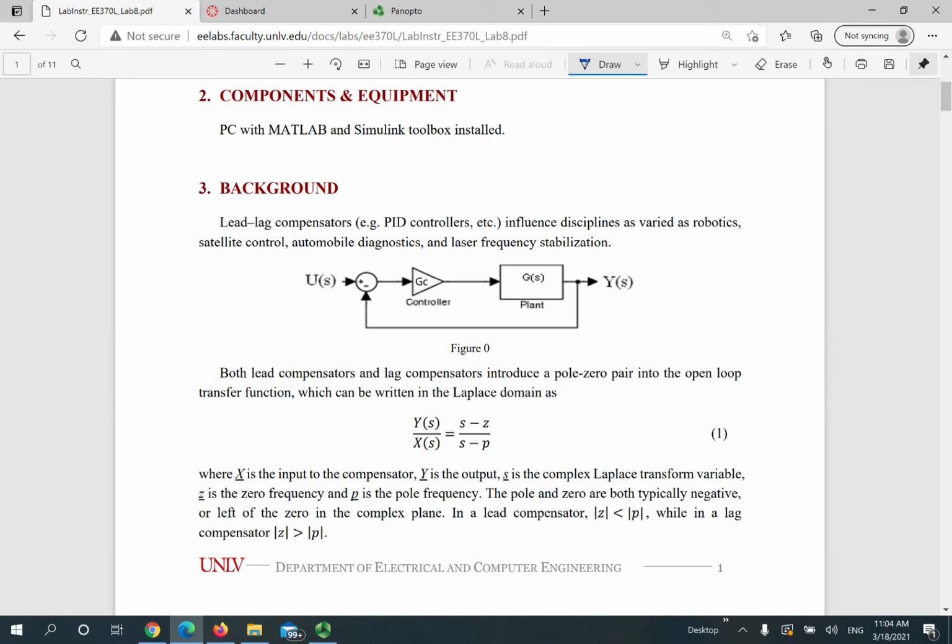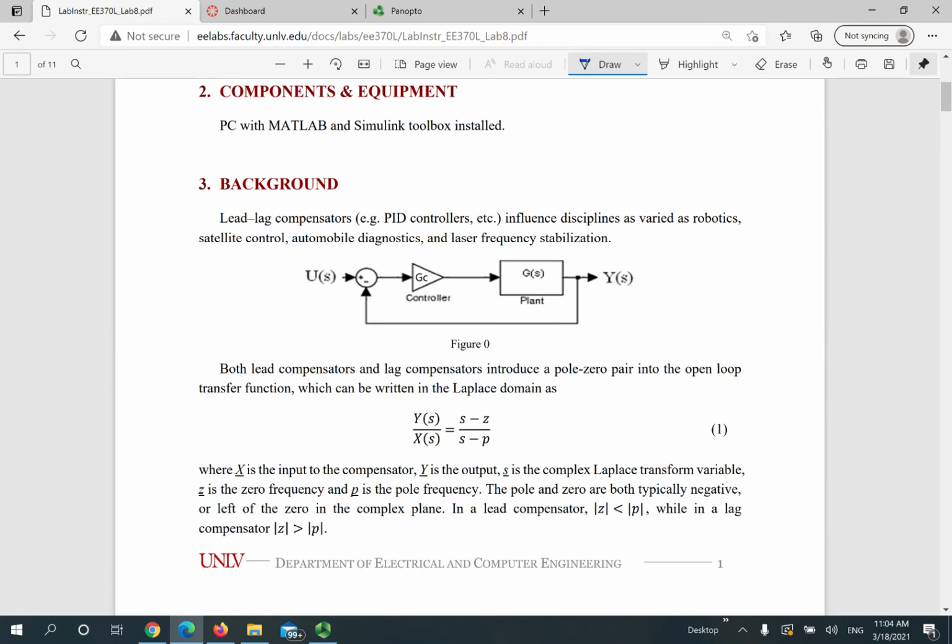And if the absolute value of the zero is larger than the pole's absolute value, then it is a lag compensator, which means the phase will be brought backward, or to a more negative value.